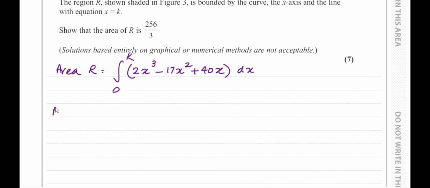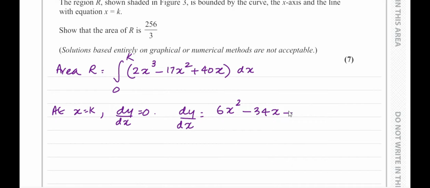So we can say that at x is equal to k, dy by dx has to be equal to 0 because it's a turning point. Then we can write dy by dx equals 6x squared minus 34x plus 40, and that is equal to 0.